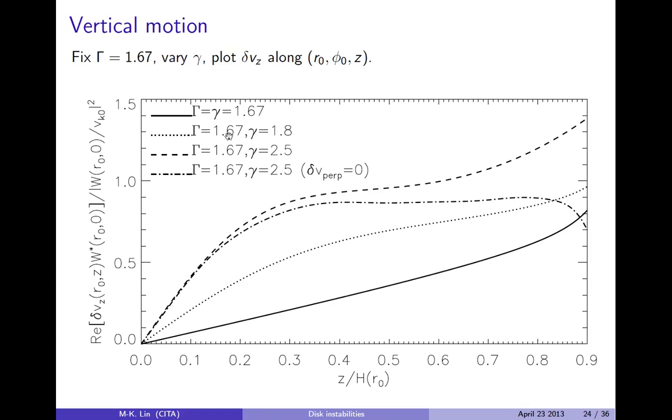I mean, they differ by less than 10%. So then you can ask, is there anything qualitatively different between the solid line, which is a disk with uniform entropy, and the dotted line, which is a disk with a slightly non-uniform entropy?